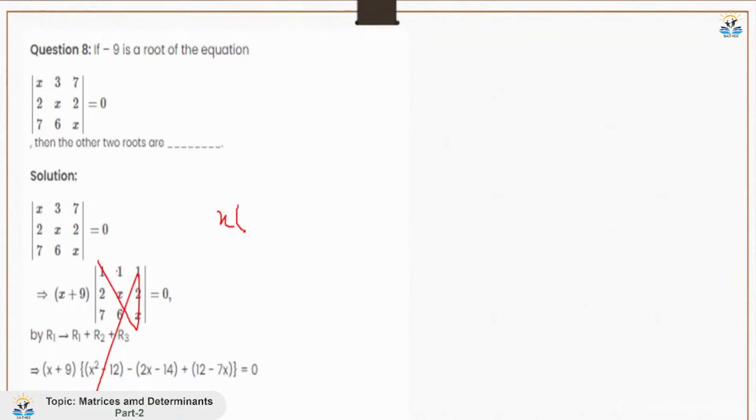x times x square minus 12, minus 3 times 2x minus 14, plus 7 times 12 minus 7x, equal to 0.